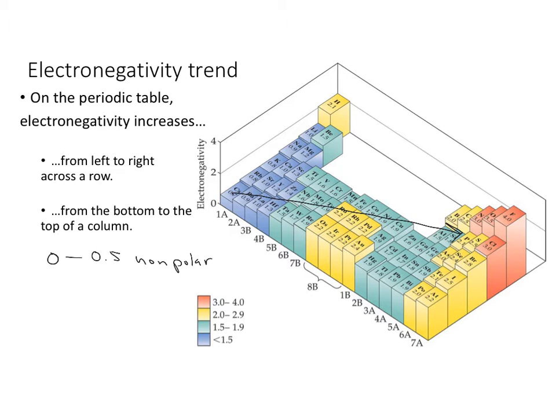Whereas if we had a difference in electronegativity of 0.5 all the way up to 1.9, we'd be considered a polar bond, and then anything above 1.9 would no longer be covalent, it would be an ionic bond. But essentially, the farther apart we get in the periodic table, the more different the electronegativity, and the more polar that bond becomes.